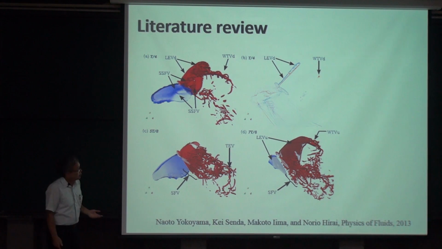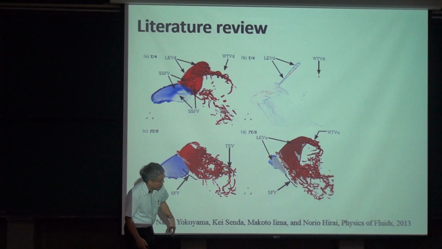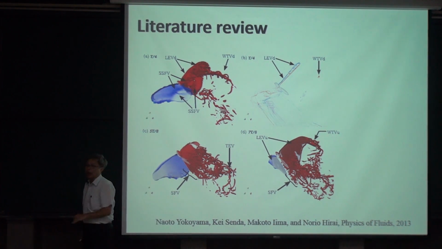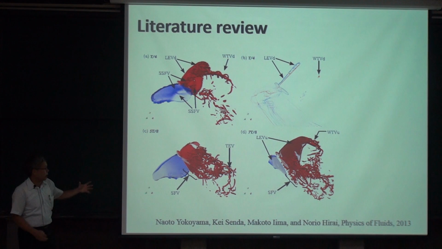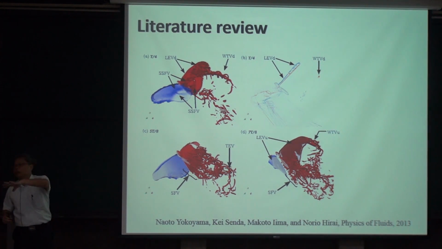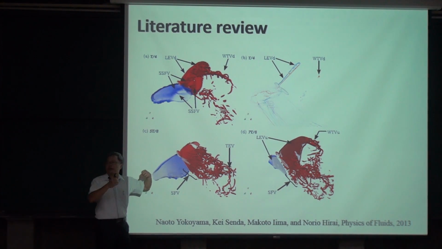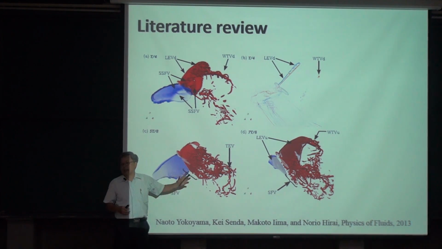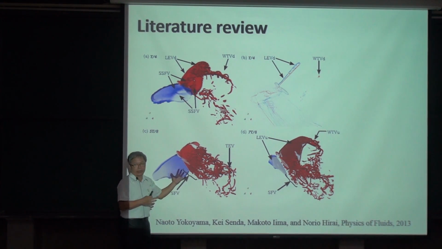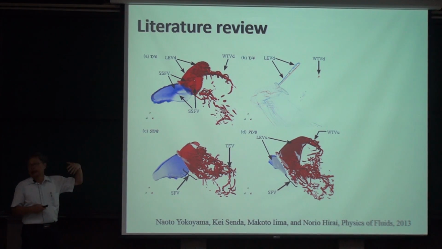But their result in 2013 was not too good because they could not converge. The butterfly went crazy because their simulation could not converge. If they added the motion of the body onto the wing, then it went crazy. So we decided to improve it.